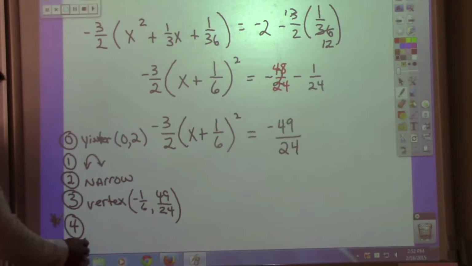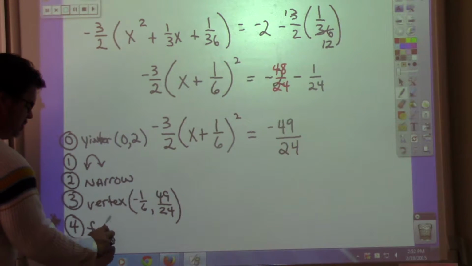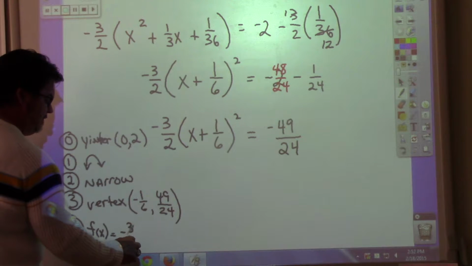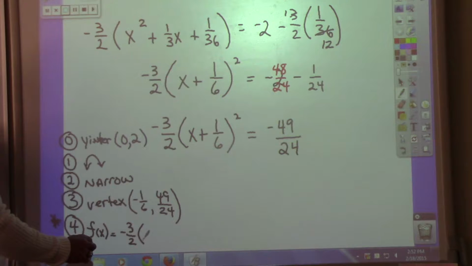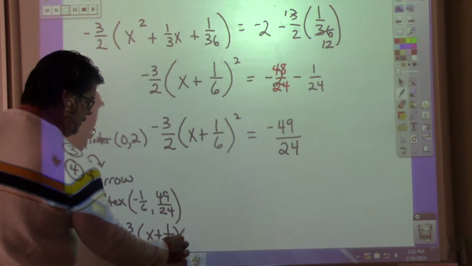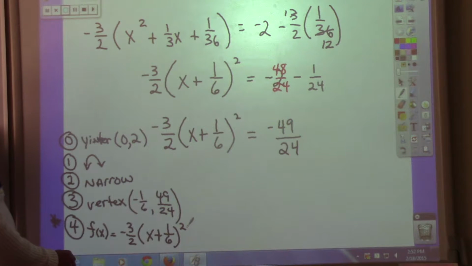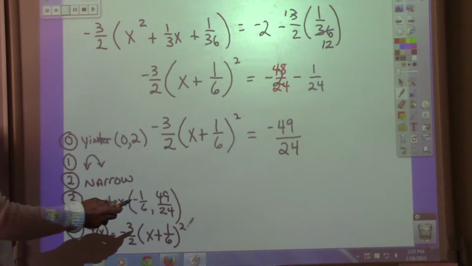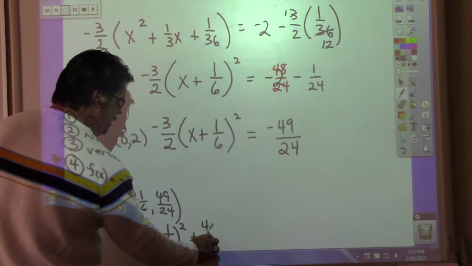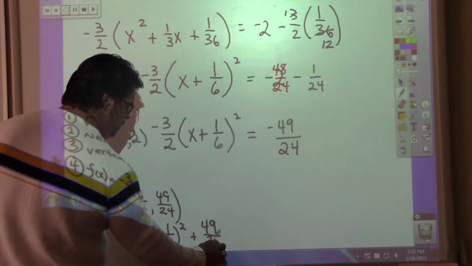So that'd be f of x is equal to negative 3/2 (x plus 1/6) squared plus 49 over 24.